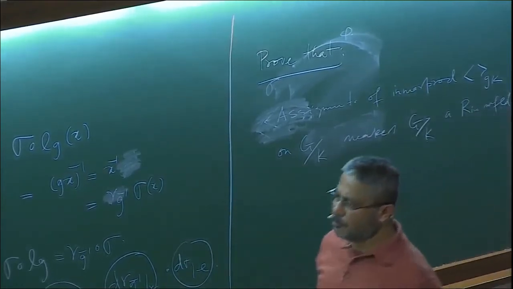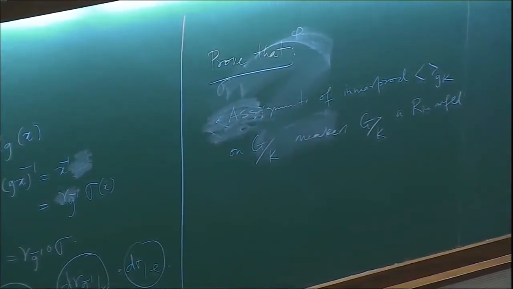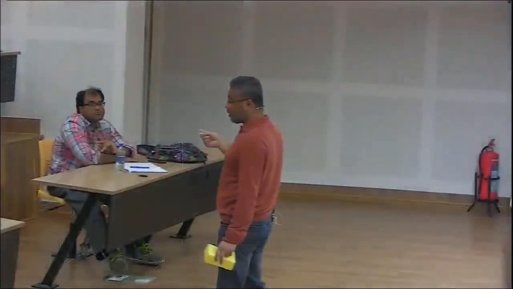Some smoothness condition has to be checked, and that will follow from the property that G is a Lie group, by which I mean that the product map G cross G to G is smooth.